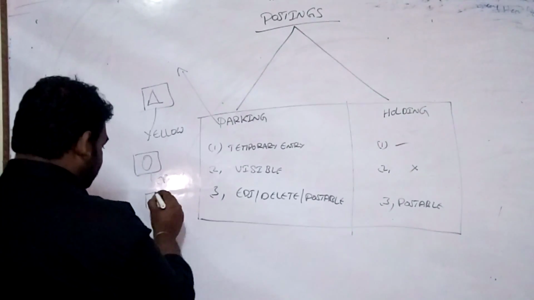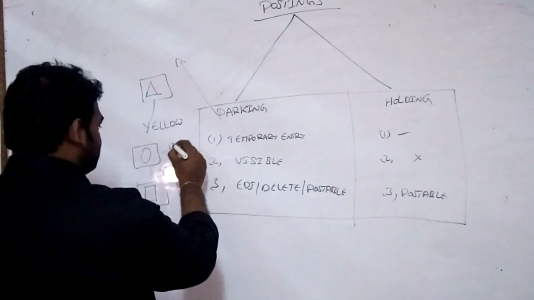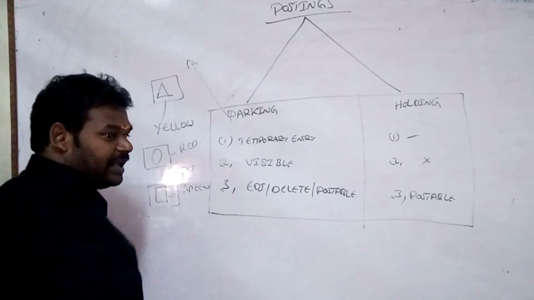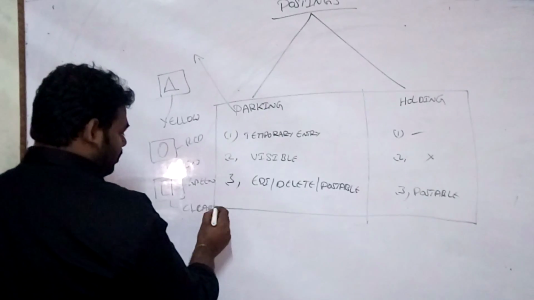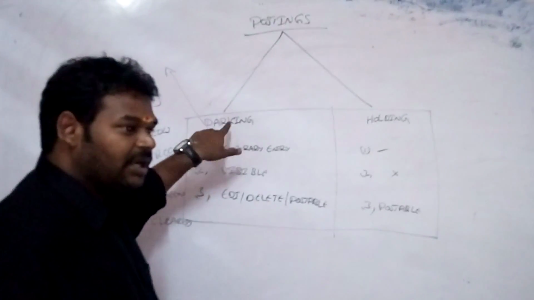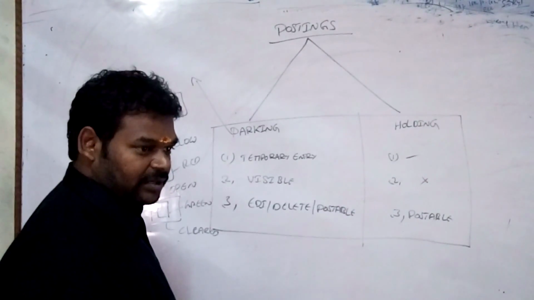And if any transaction is shown with the green color, the green symbol is called clear. So whenever a transaction has been parked, it will be shown with a triangle symbol in yellow color.